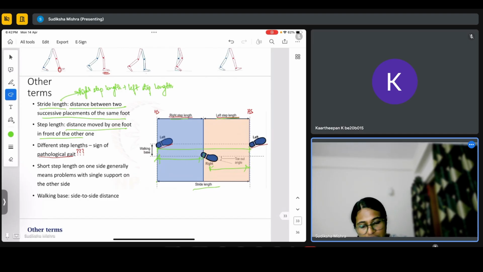Why is it a problem? If there are different step lengths, it usually means that there is some problem with the single support on the other side, because of which you have a shorter step length.